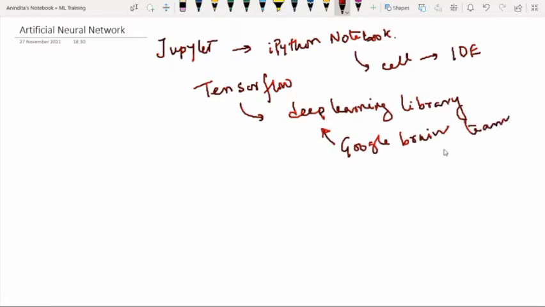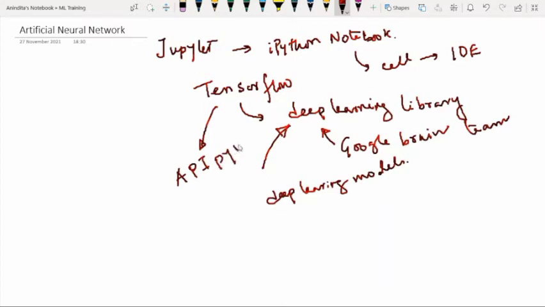There is one team known as the Google Brain team who has created this TensorFlow deep learning library. So what is the aim of this deep learning TensorFlow library? The main aim is it can perform speedy computations and it can create deep learning models. And its API, whatever API it will use, its API is Python.